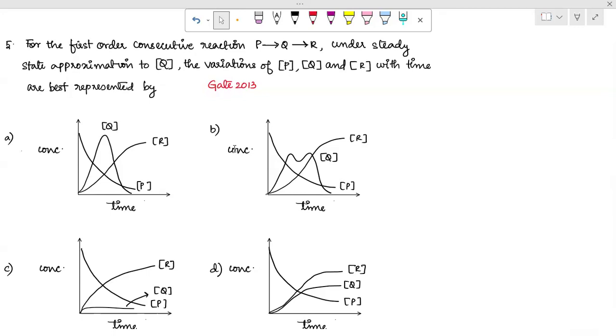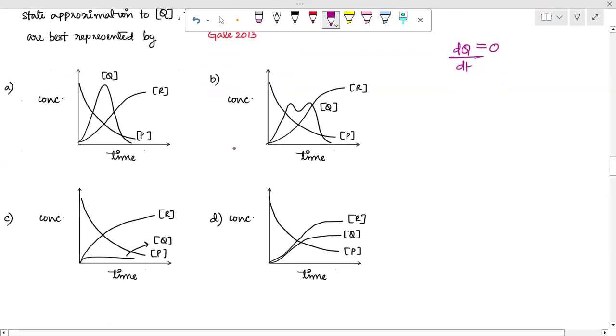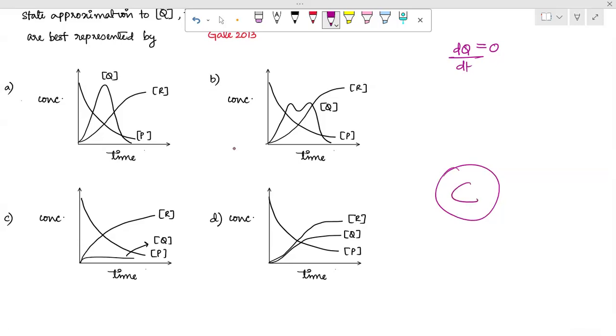So we know that in a steady state approximation, whatever the intermediate is, over here it is Q, the change in the concentration of the Q, that is dQ by dt, will be nearly equal to 0. That means it will be attaining stability. So in that sense, you know what the answer is, option C. We have already written the notes in the class and discussed it. So the correct one is option C.